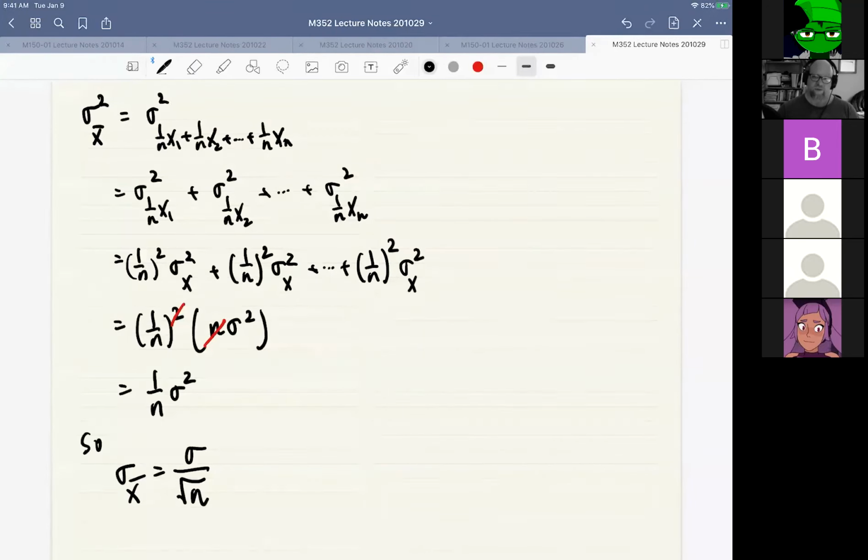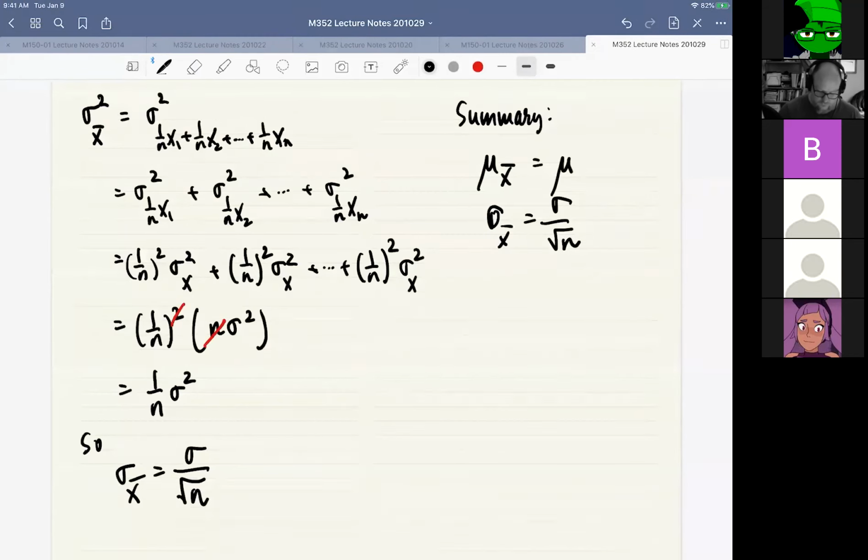So this is interesting. What this is telling us is that when I calculate the sample mean, the expected value of the sample mean is going to be the mean. We already talked about that. That seems reasonable.